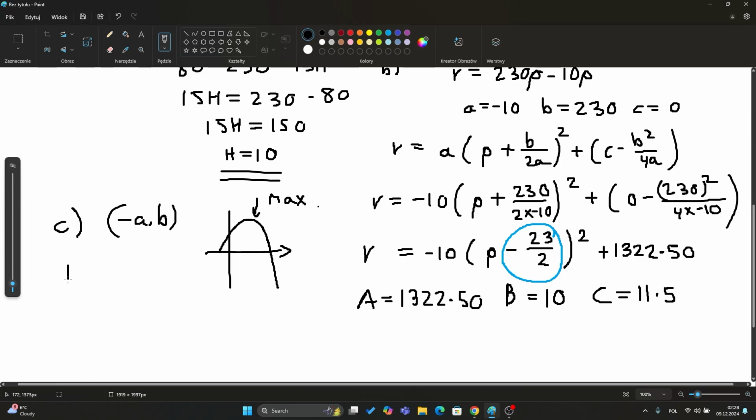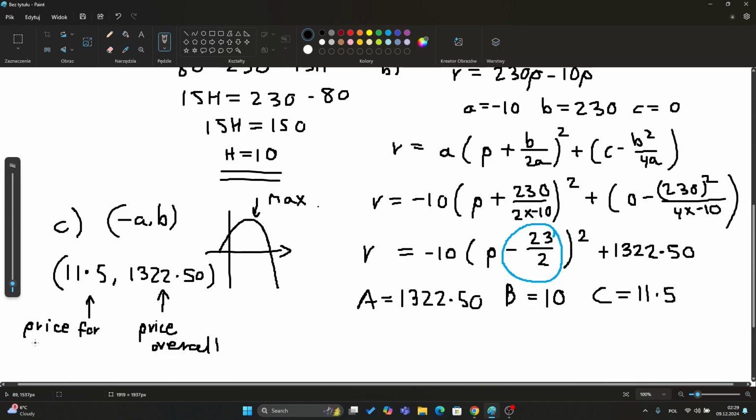So that's 11.5 and 1322.50. Here is the price, and here is the number of cushions. I mean, that's the price overall, and that's the price for cushions.